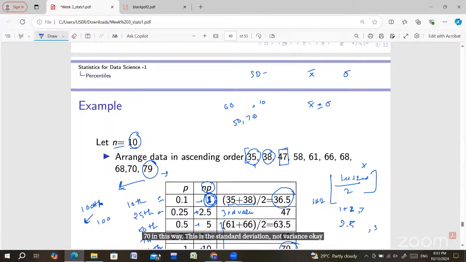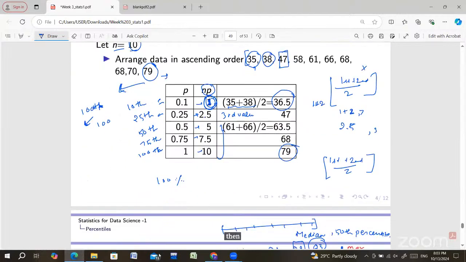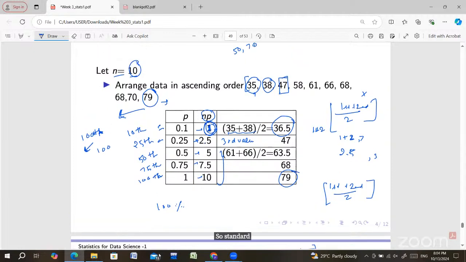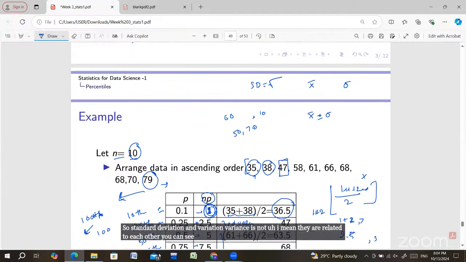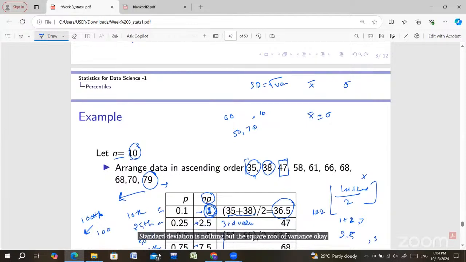Basically it gives you the spread, how the data points are spread out around the mean value. How they are spread can be calculated by standard deviation only. Standard deviation and variance are related to each other. Standard deviation is nothing but the square root of variance. Then why do we need variance, just to calculate the standard deviation?